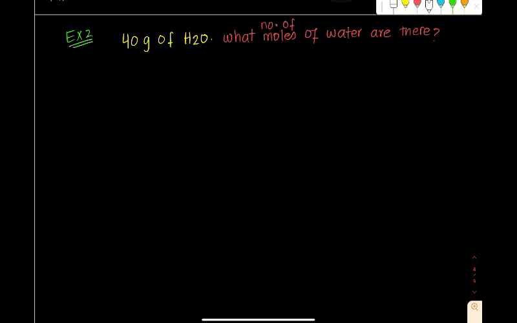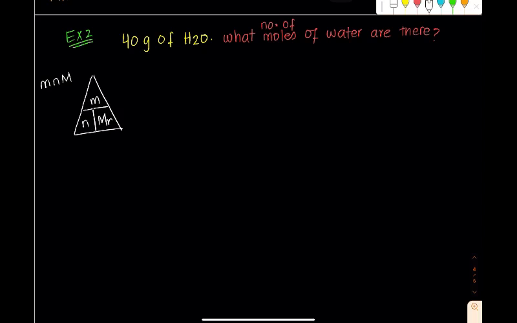Let's find out. Again, we have this triangle, and the triangle tells us that this is mass. Now we are talking about the molecules, so MR, and number of moles. So that makes a mnemonic, M, N, M. That's sweet.